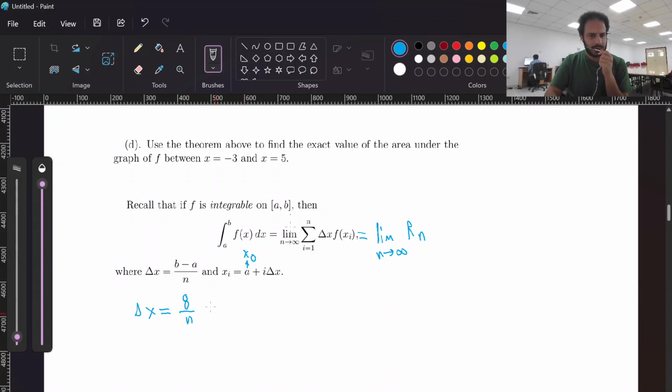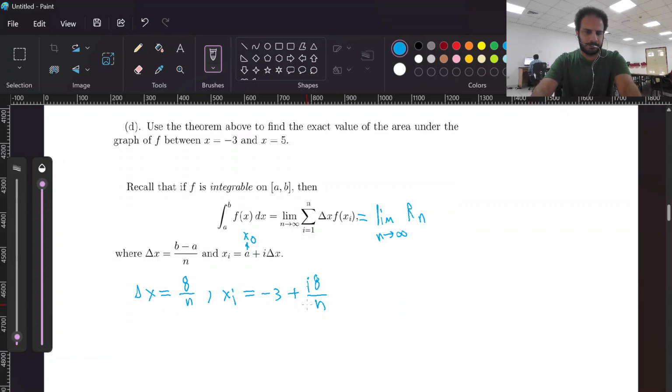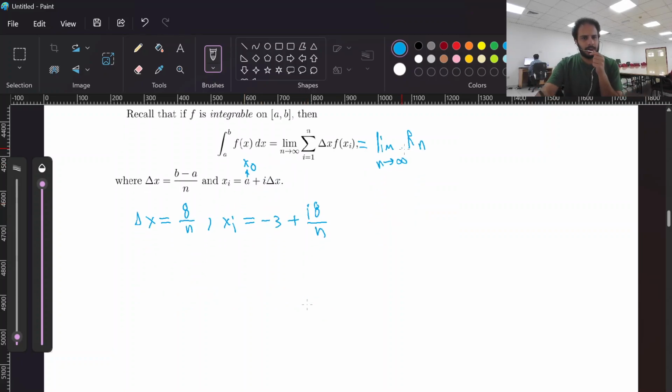Then you also find xi. xi equals a, which is minus 3, plus i delta x, which is 8i over n. Then remember the function f of x equals 25 minus x squared.